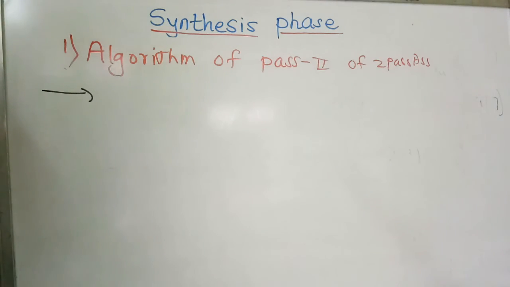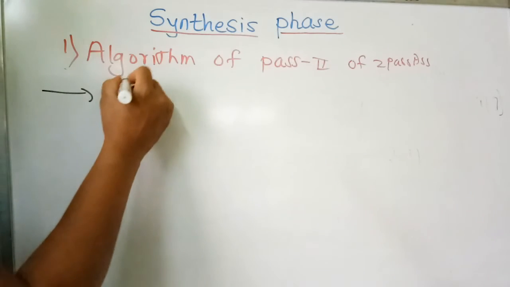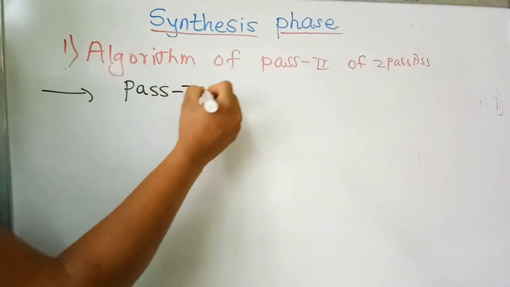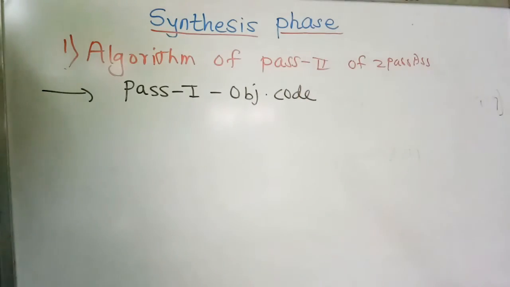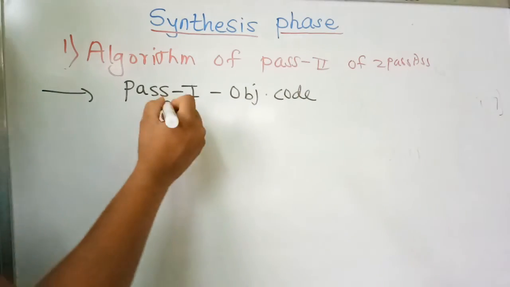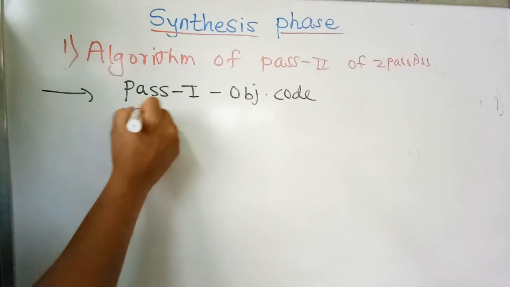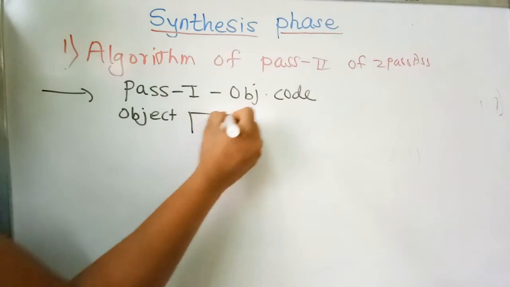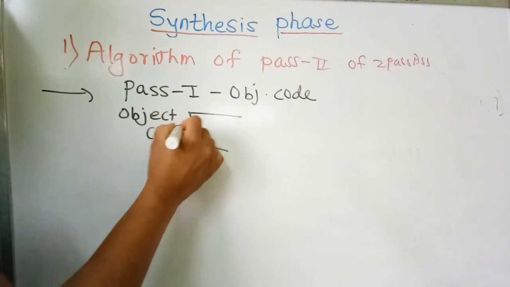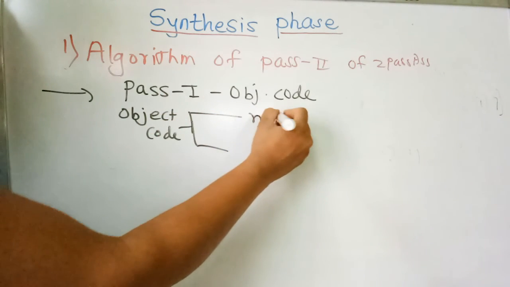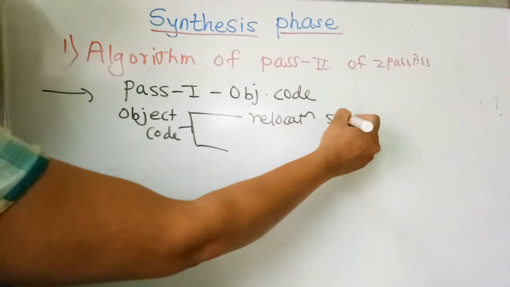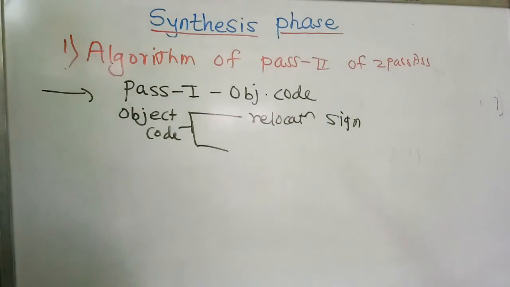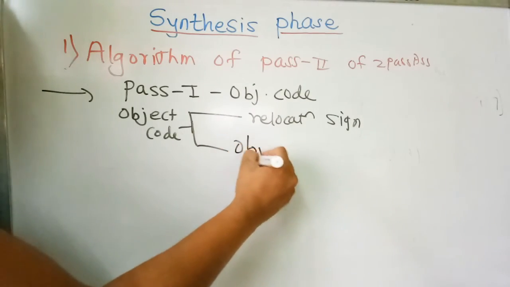Now what is the output of pass two? Actually, the intermediate code is nothing but the object code. But what does this object code contain? It contains two parts. First is the relocation sign, and second is the object code.